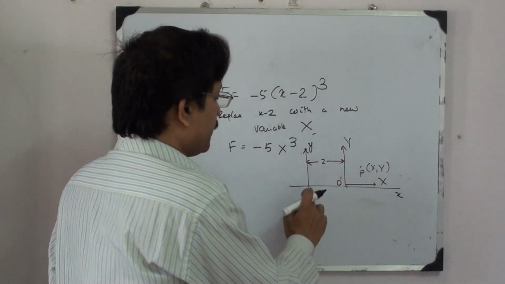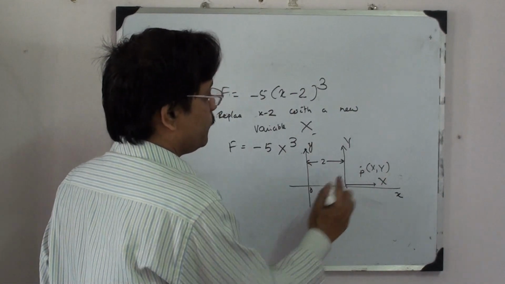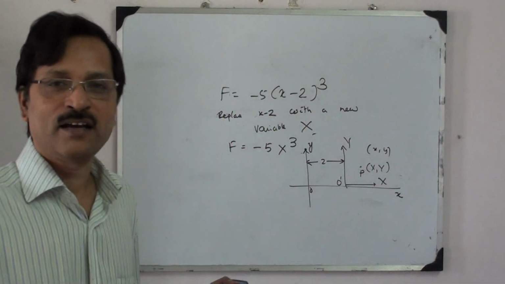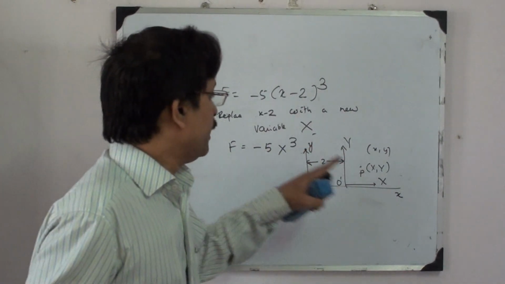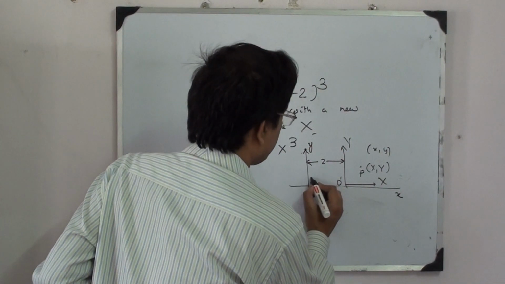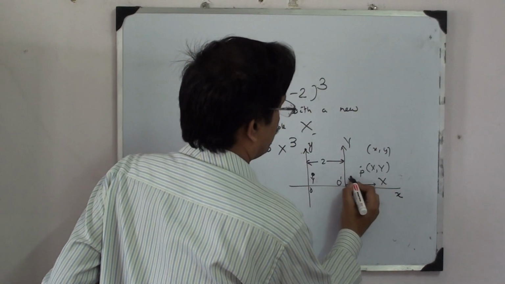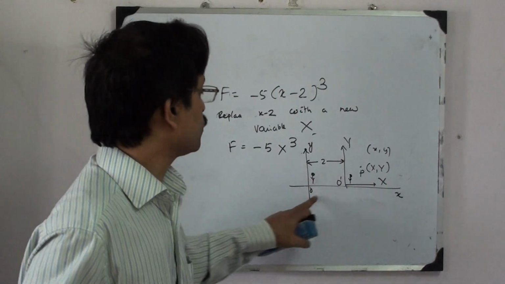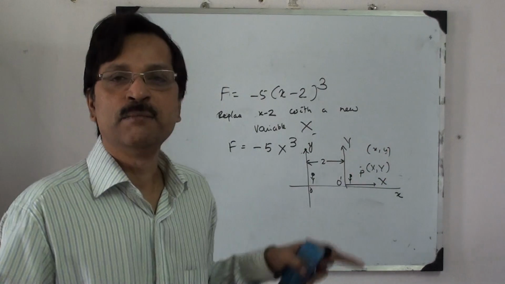As against this, the person sitting at O belonging to the reference frame x, O, y describes this as x and y in the original variables that we are familiar with. So a person sitting in the x, O, y frame tells that this point is x and y in my coordinate frame.